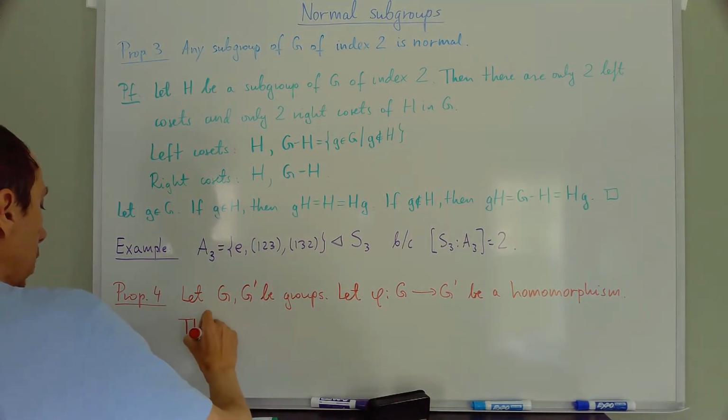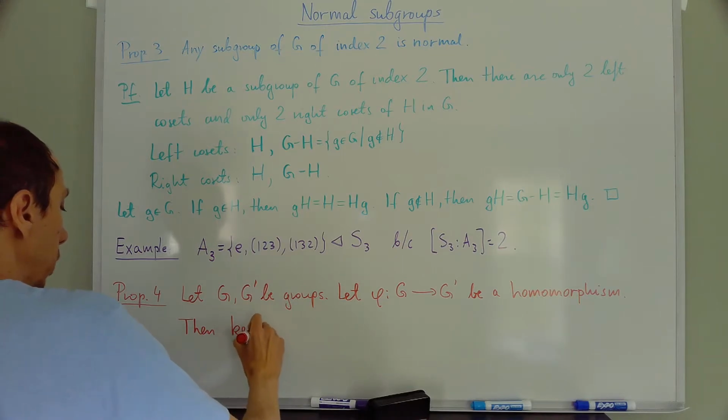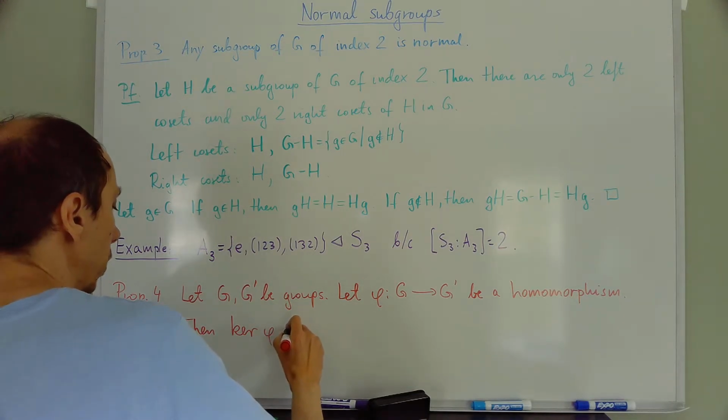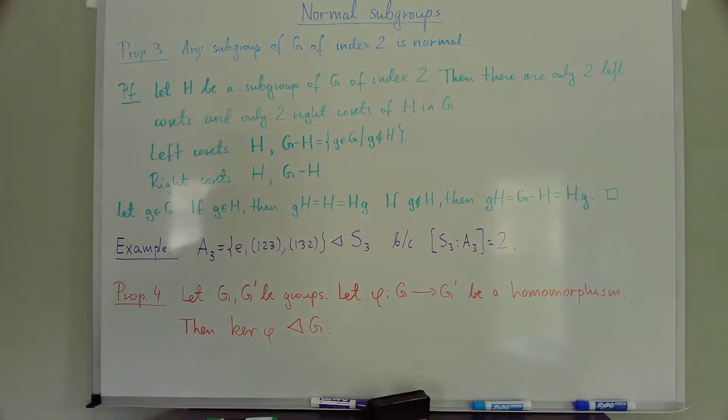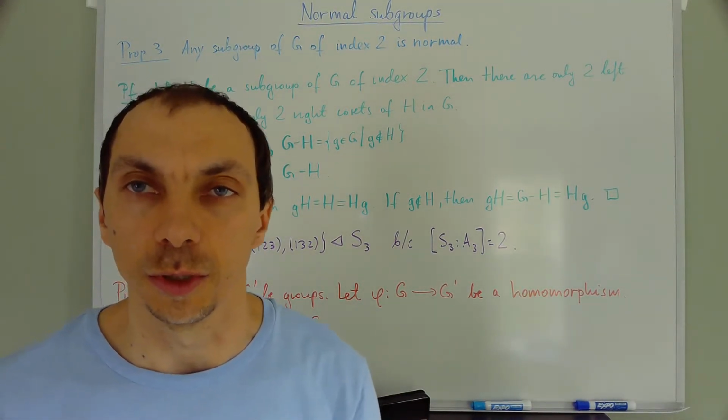Then the kernel of phi is a normal subgroup of G. So kernels of homomorphisms are normal subgroups.